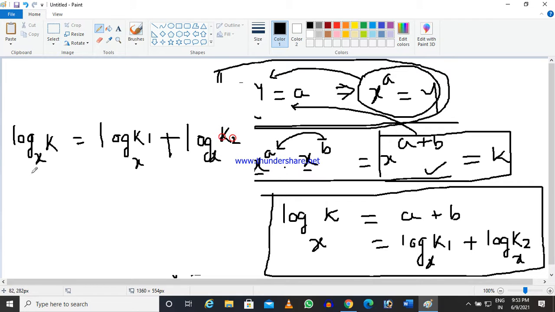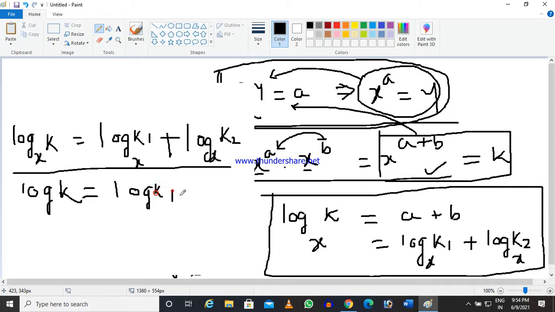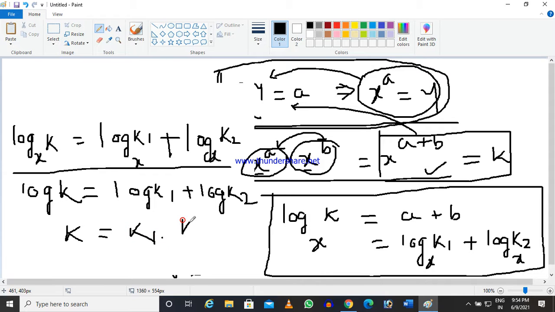Now because this is k1 and this is k2 and this product is equal to k, we can write k is equal to k1 into k2.